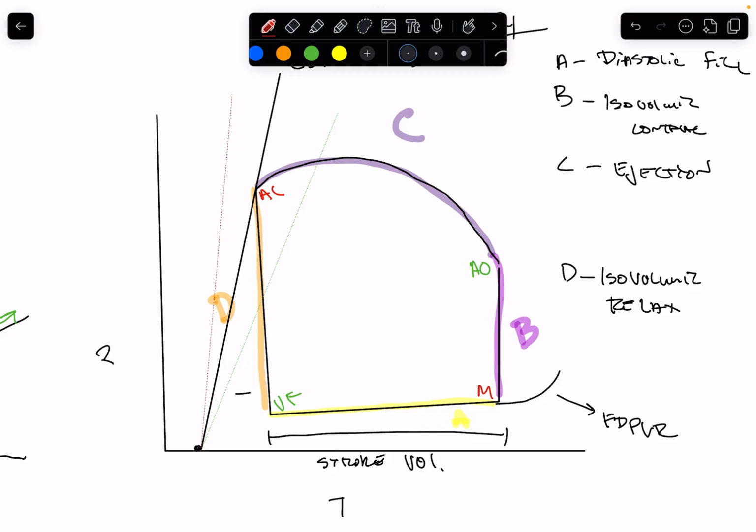And so I'm going to draw kind of what that looks like here.